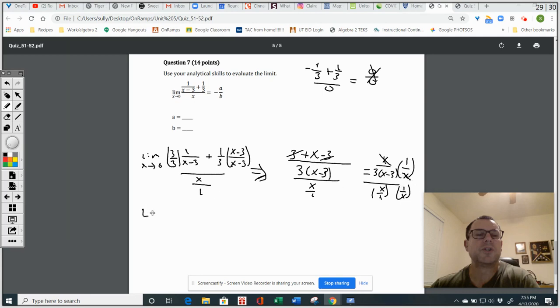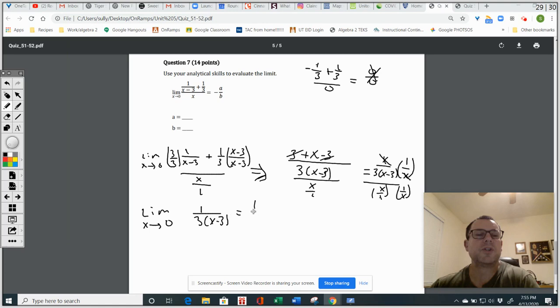And so we're left with the limit as x approaches 0. Do not forget that you have this 1 here. It's 1 divided by 3 times x minus 3. So now we're ready to substitute our 0 in and just evaluate this function.